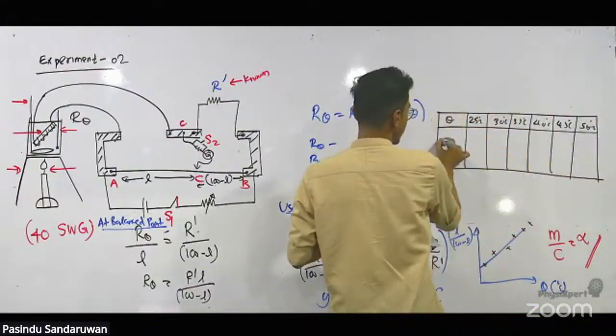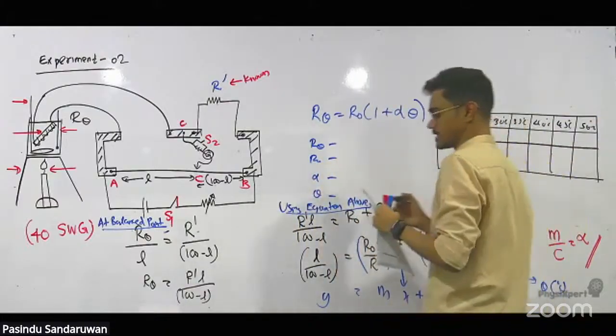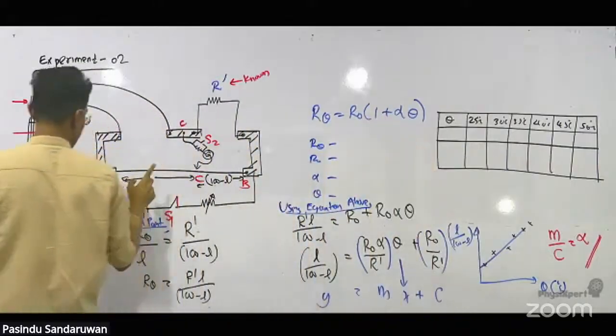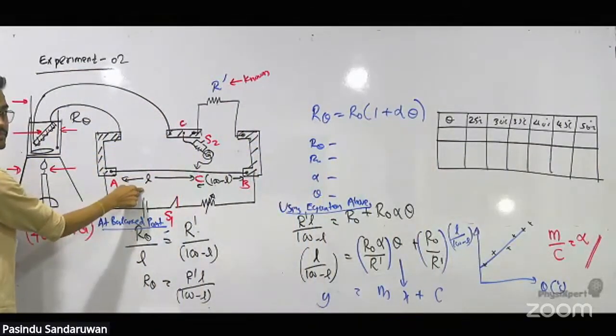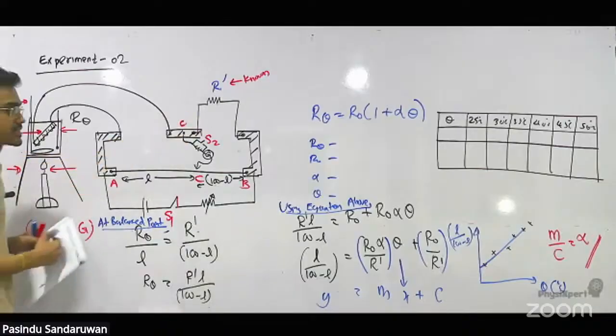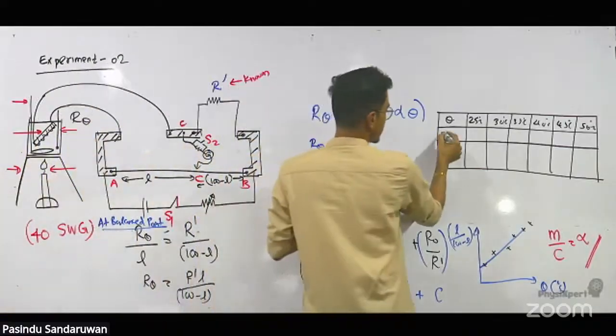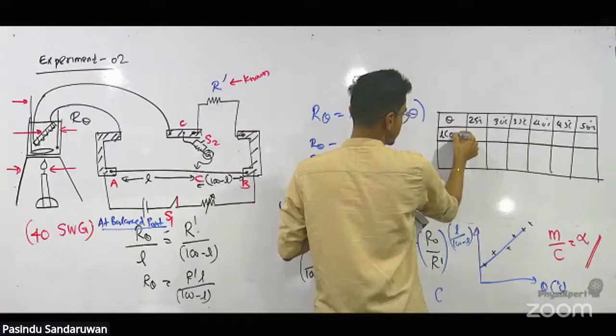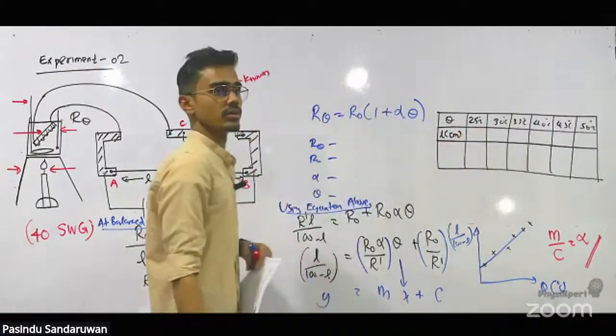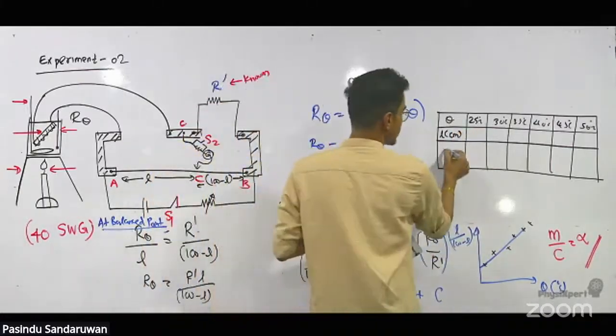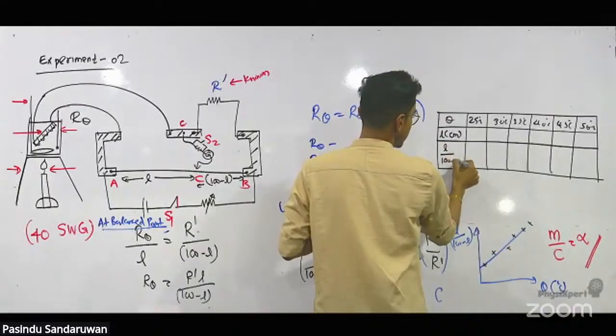For each temperature, the balance length is going to differ, so you will get 6 different balance lengths, in centimeters. If L is known, then you can find L over 100 minus L.